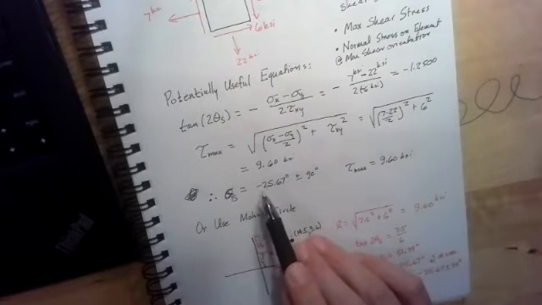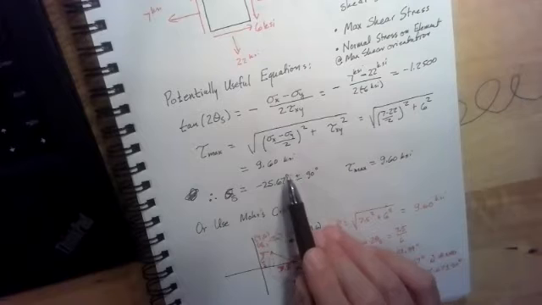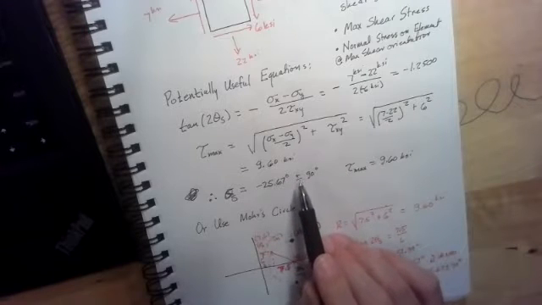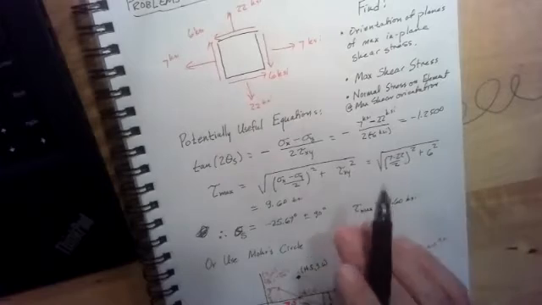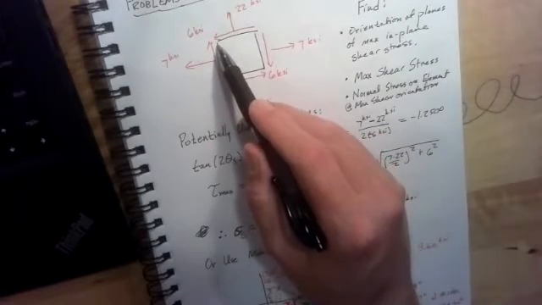Of course, when I solve for theta s, I would end up with theta s equals negative 25.67 degrees plus or minus 90 degrees. Well, that means that I've got two shear planes that would be maximum shear.